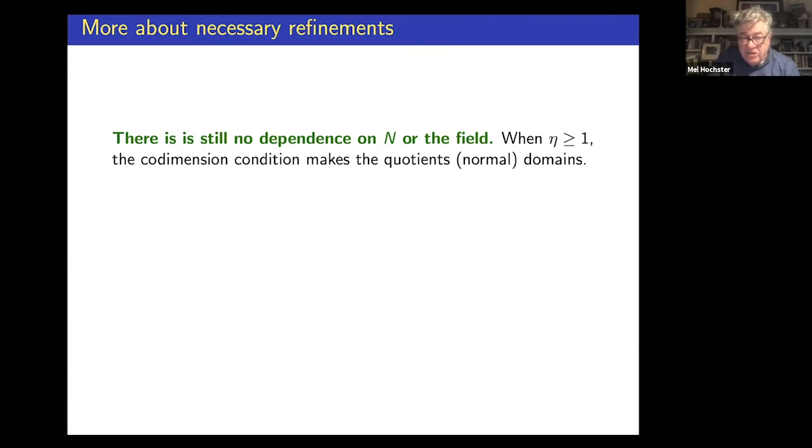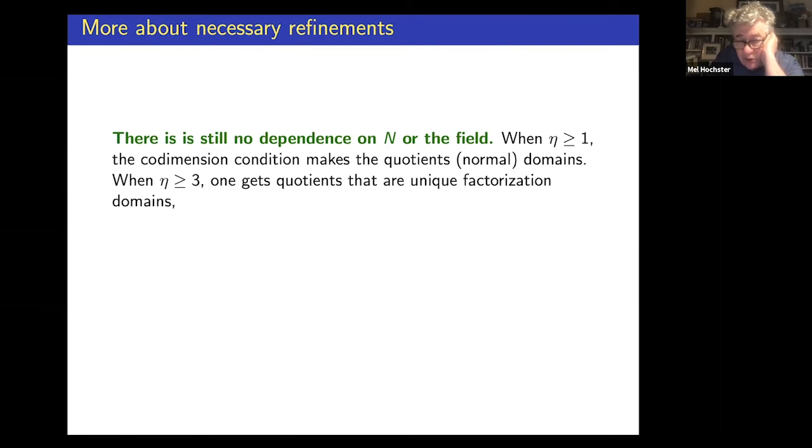And once eta is at least 1, the codimension condition makes the quotients domains. And if you know what a normal domain is, it even makes them normal. So they have better singularities. When eta is at least 3, you get that they're UFDs, unique factorization domains.